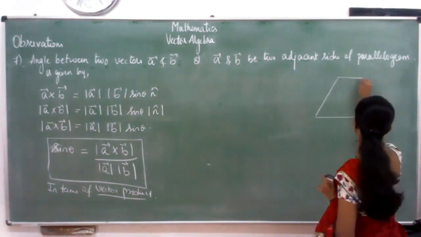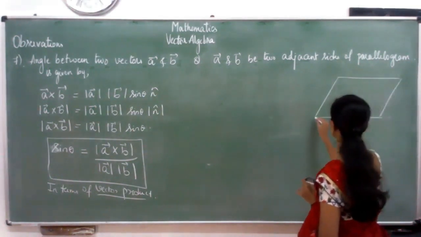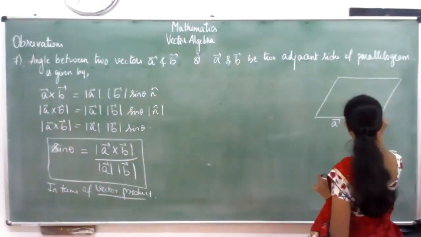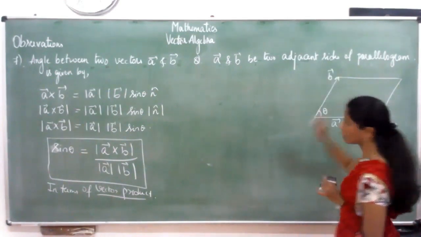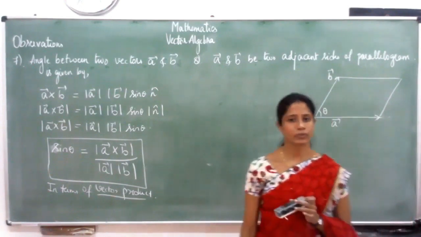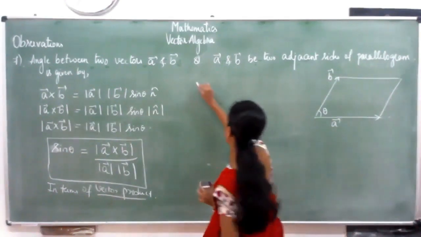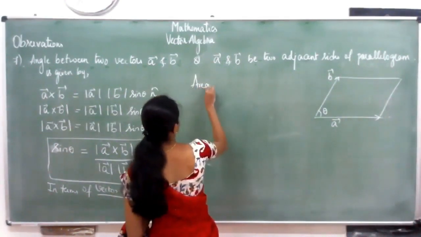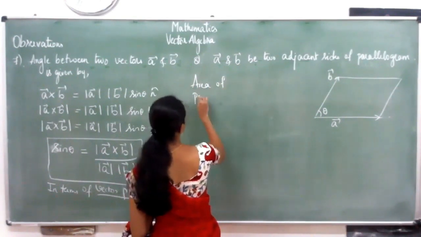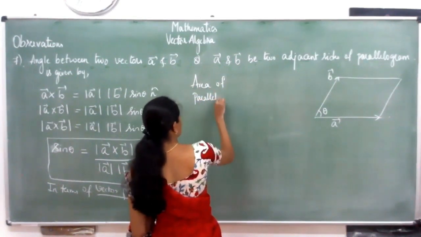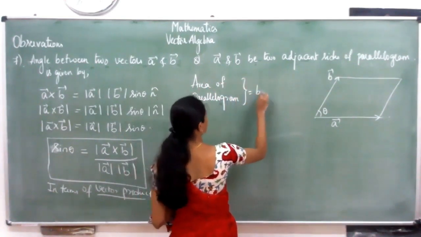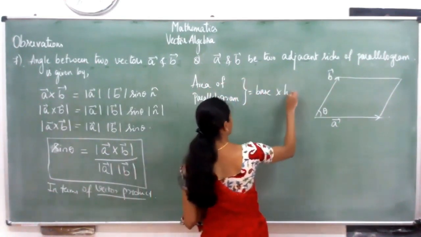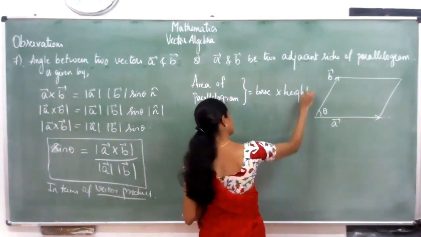So we have a parallelogram. This is vector A, this is vector B. The angle made by them is theta. We know that the area of a parallelogram is equal to base into height.